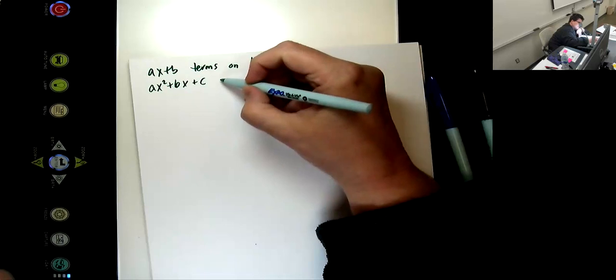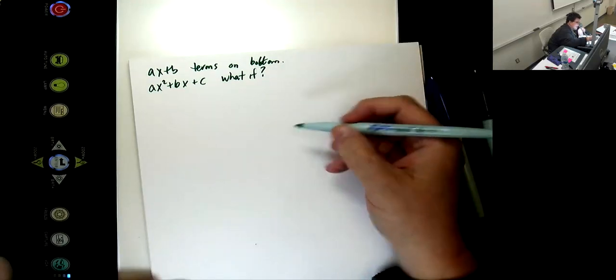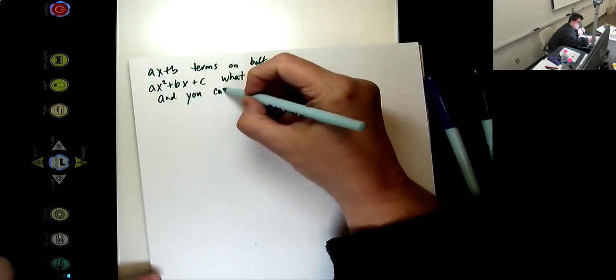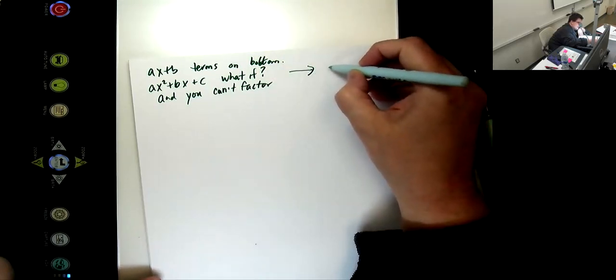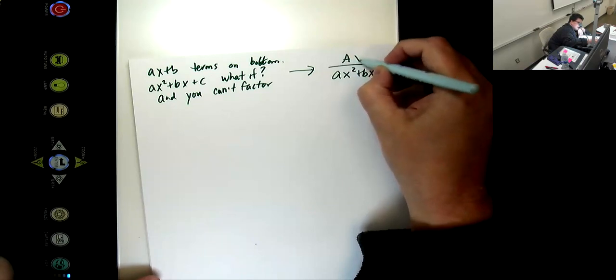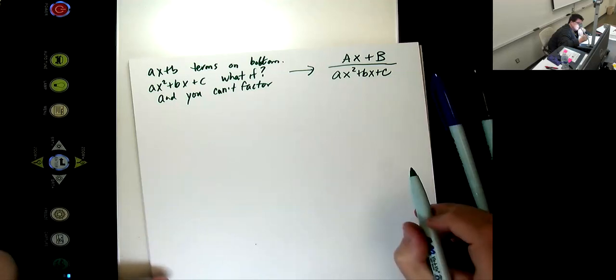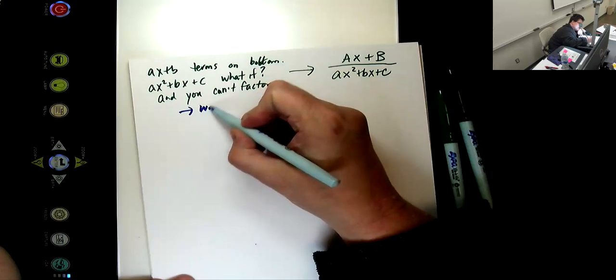What if I've got an ax squared plus bx plus c term on the bottom? If there's no way of reducing, and you can't simplify, that's the important part, and you can't factor, what you do is, instead of just putting a single letter on top, you put one degree lower on top. So we just write one degree lower on top.